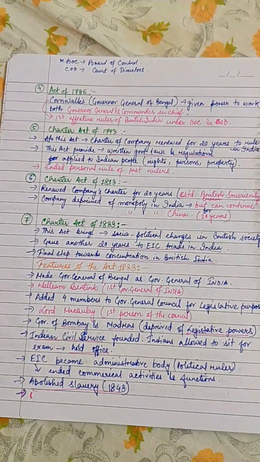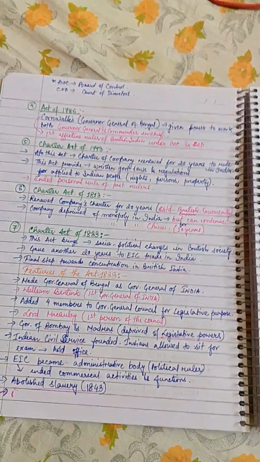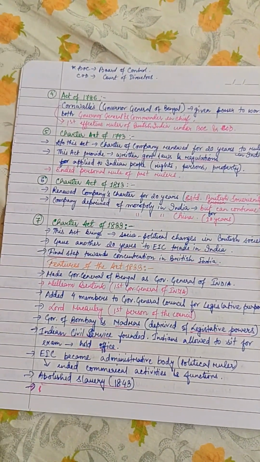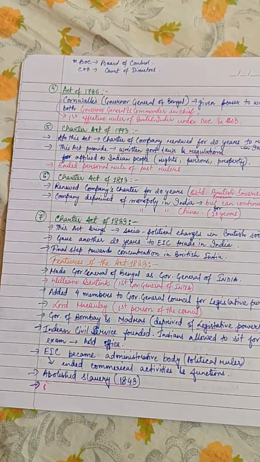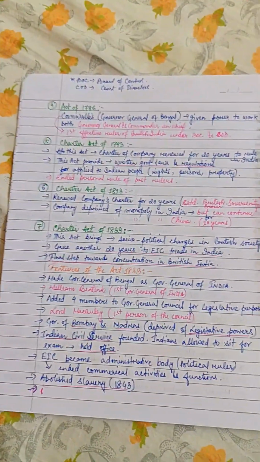Like when and how did this Charter Act happen, what does the Charter Act of 1853 mean, what does the Charter Act of 1813 mean, when did it happen, what are the contents of these Charter Acts. So I'm going to explain it in a very easy manner.